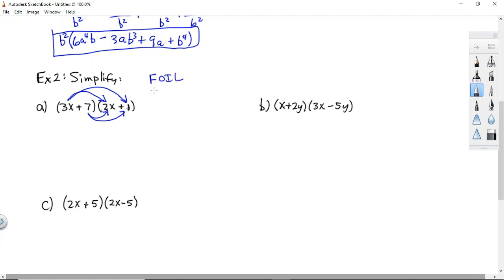which stands for first, the first times the first, and then outer. O is outer, meaning the outer ones, that one and that one. And then inner, the I is for inner, which means that one and that one. And then L for last, so you take the 7 times the 1. And it's actually the same order that I learned.